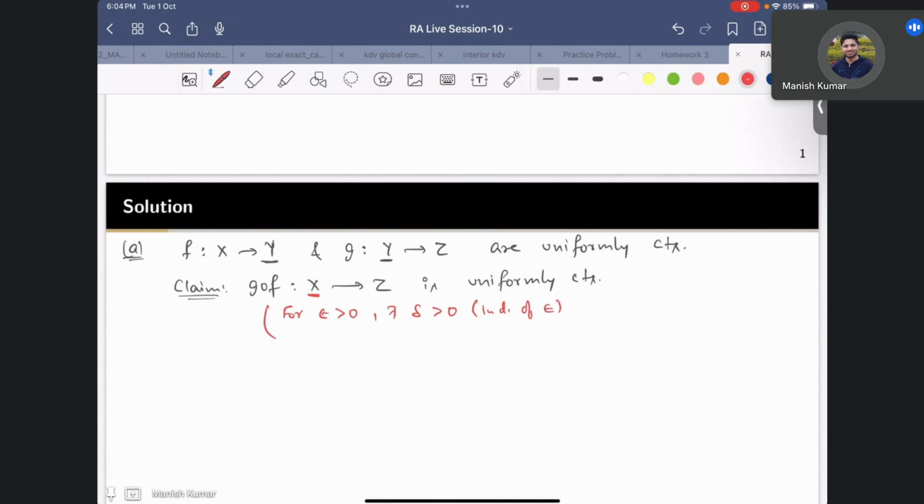So there will exist a delta such that if I choose two points from this X which are delta close enough, then my functional value will be epsilon close.